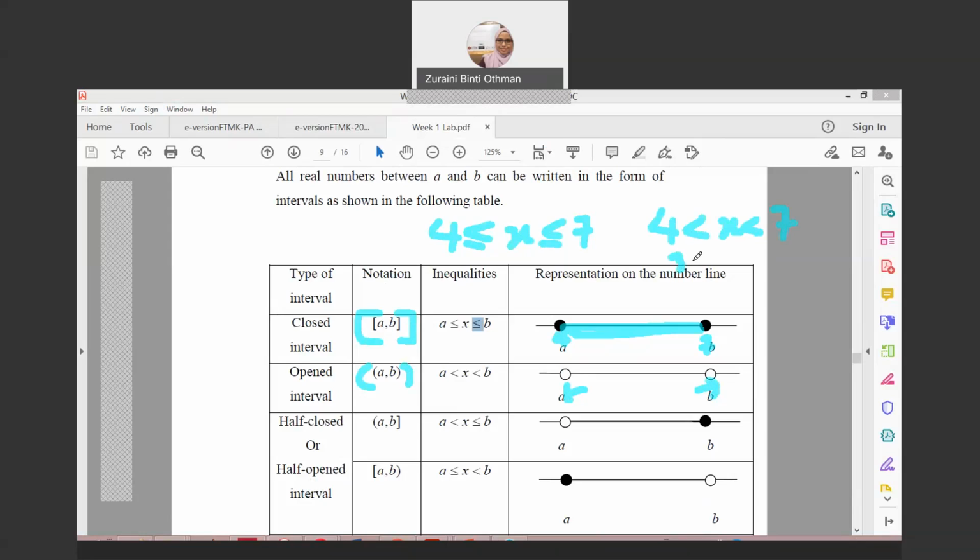Dia ialah 3.999 tak sampai lagi 4. Sorry, dia 4. Dia tak termasuk 4. So dia ialah salah.